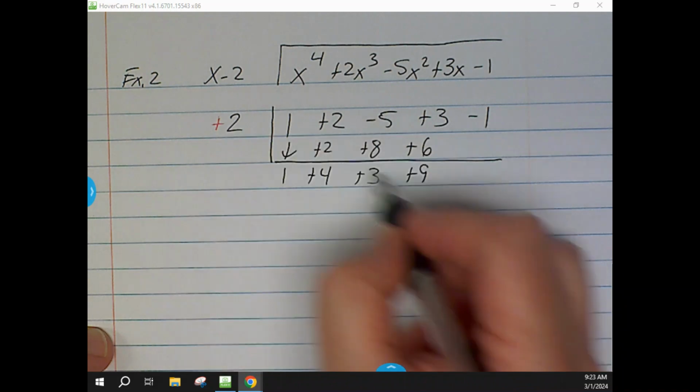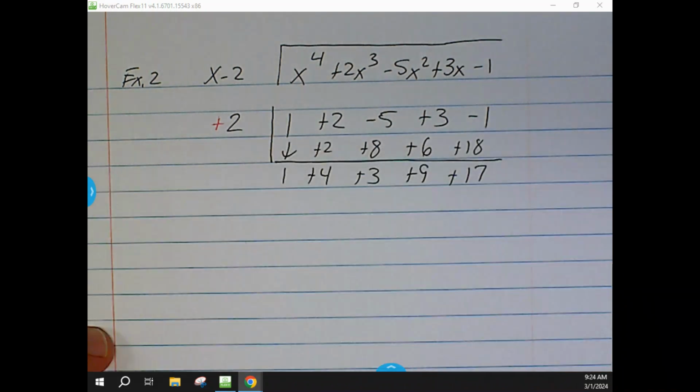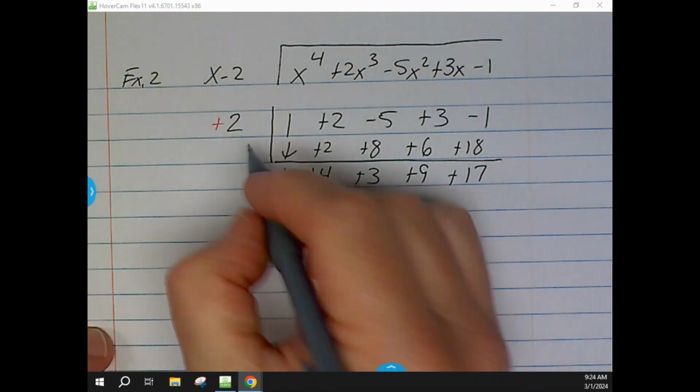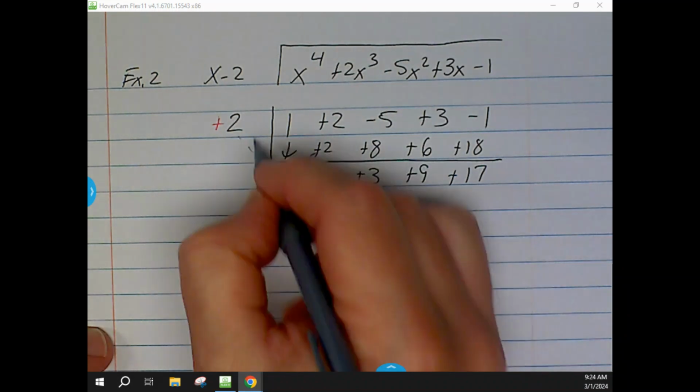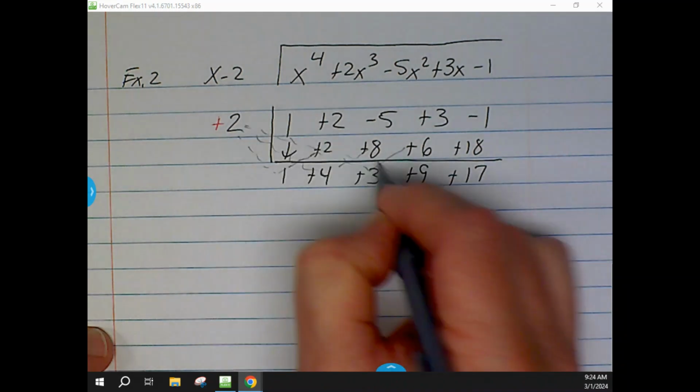And then 2 times 9 is 18. 18 minus 1 is 17. There you go. So again, multiply that times that. Multiply there. Multiply there. Multiply there.